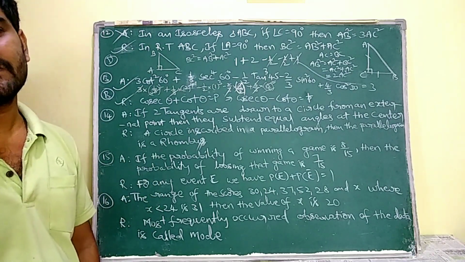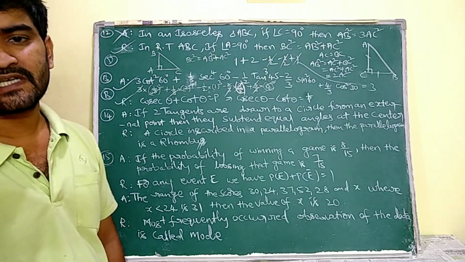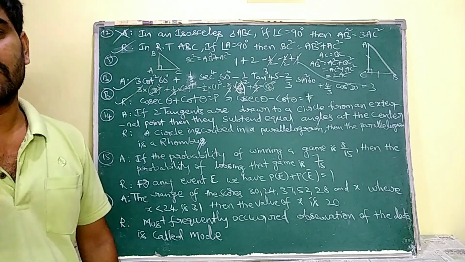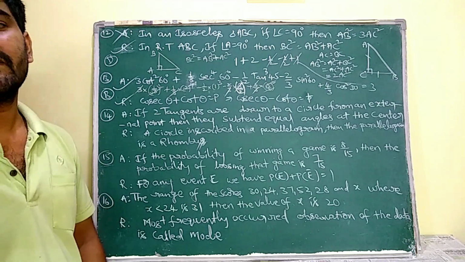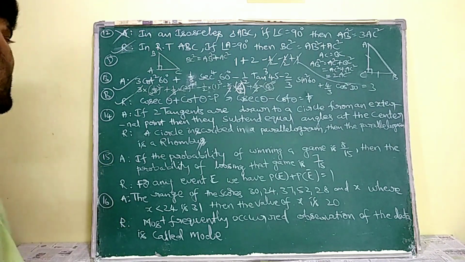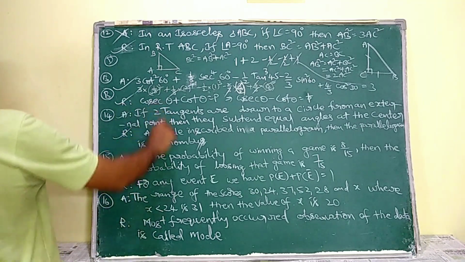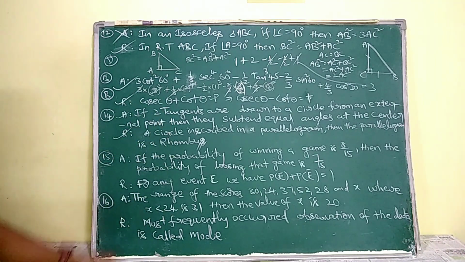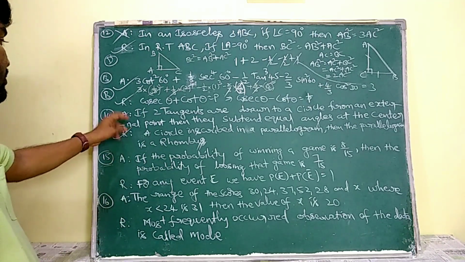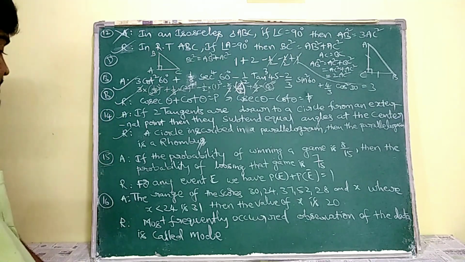We know that to become a rhombus, the adjacent sides must be the same. If a circle is inscribed in a parallelogram, actually a circle never inscribes in a parallelogram unless it is a rhombus. Yes, it is also true. Both are true, but the reason is not the correct explanation of the assertion. So we are going to choose option B.